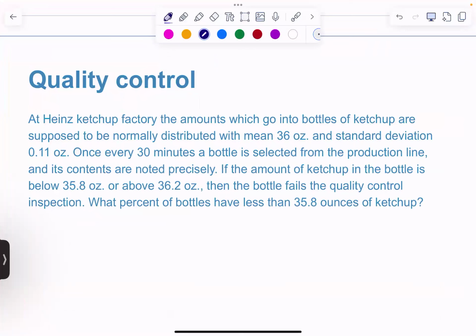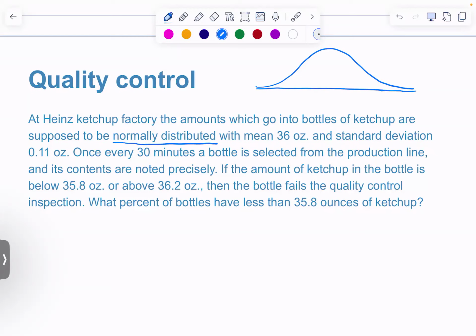We're told that the amounts follow a normal distribution. They're supposed to be normally distributed. That gives me the shape.